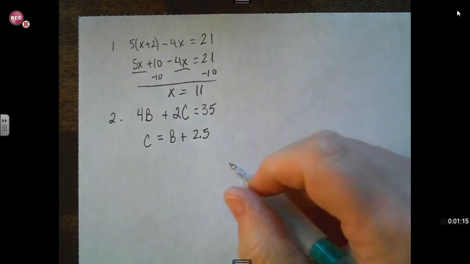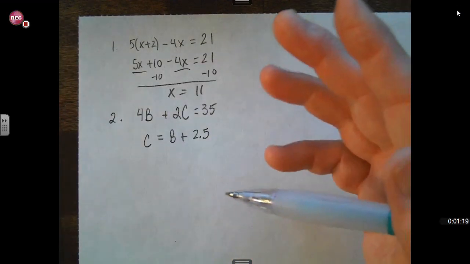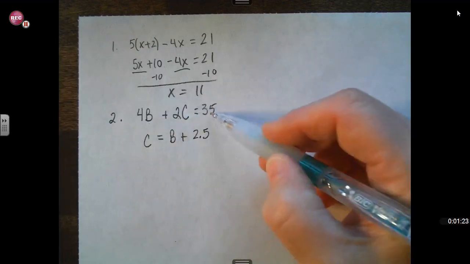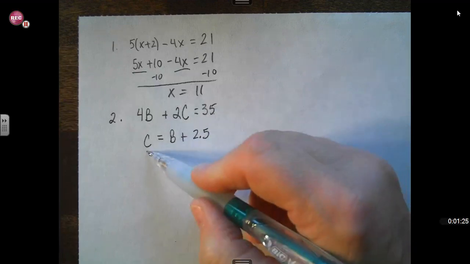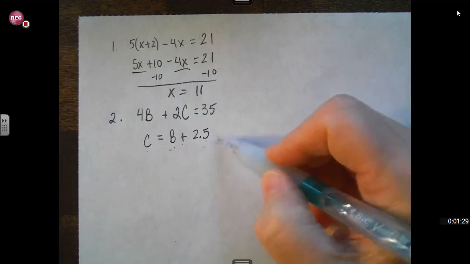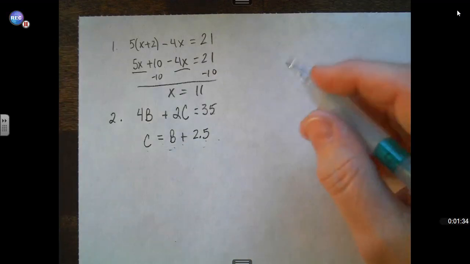So this is a story problem where we read and we write the equations. 4 loaves of bread plus 2 packages of cheese is $35. The cheese costs $2.50 more than the bread. So to get that second equation, I use that. And then this is set up for substitution.